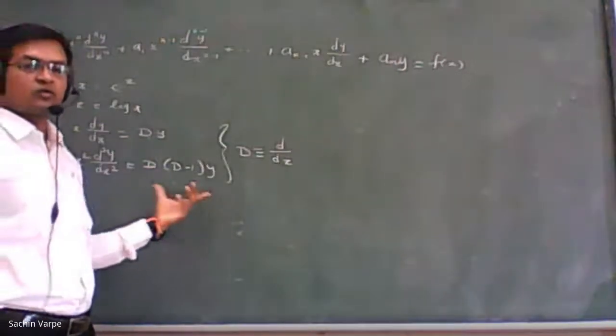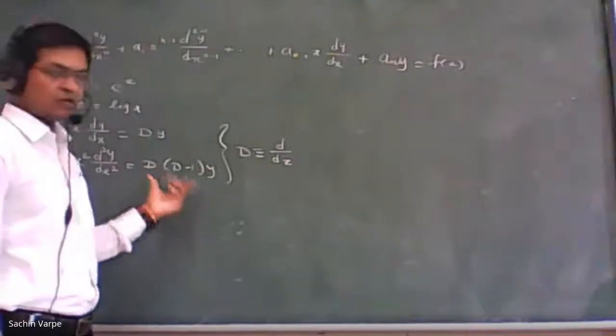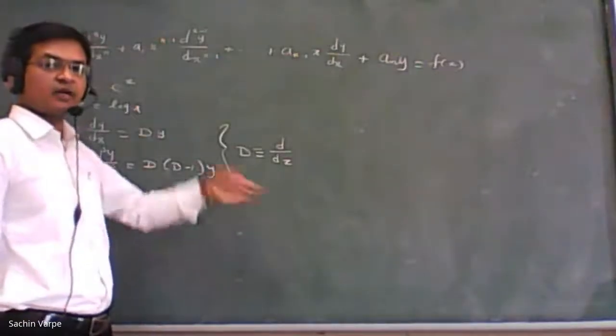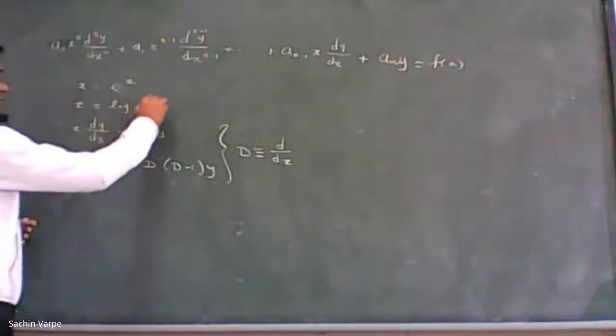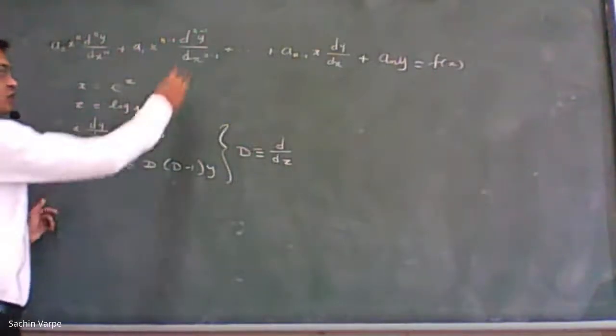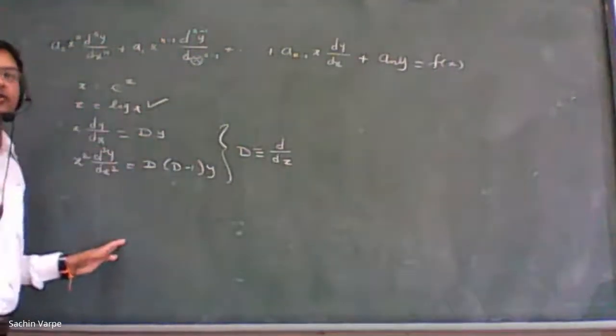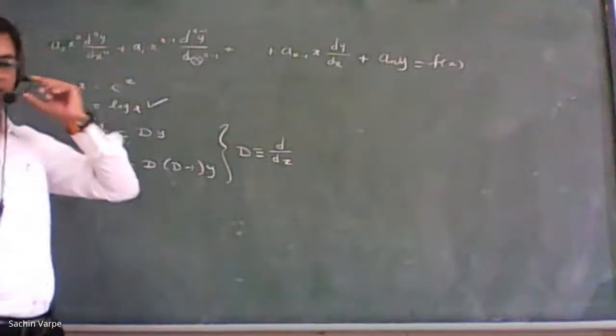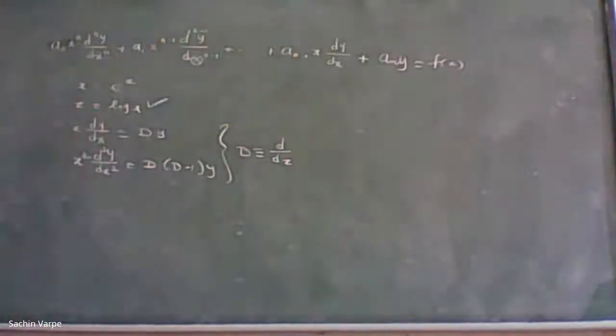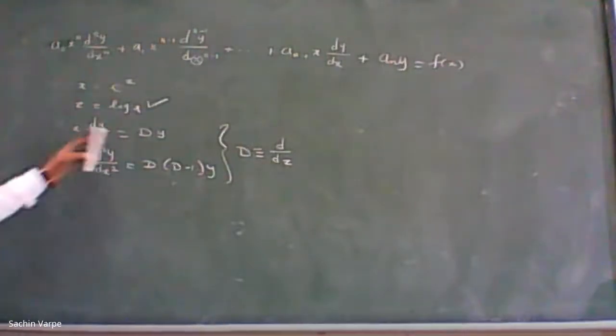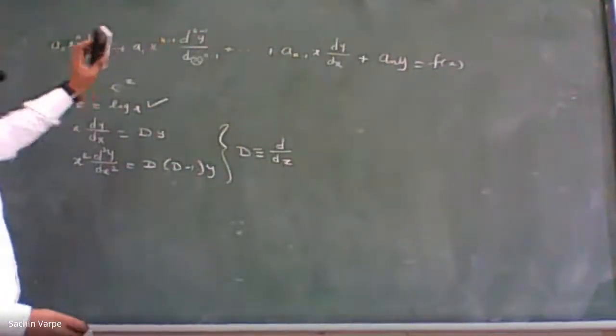So we'll have the value of y in terms of z, and then finally we'll resubstitute the value of z to get the solution in terms of the original independent variable x, isn't it? So the same or a similar thing we are going to have in the linear Legendre's differential equation.